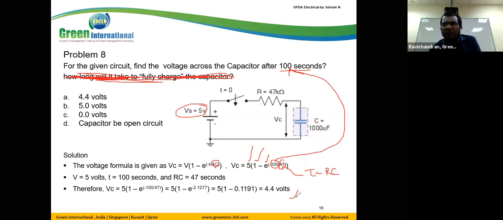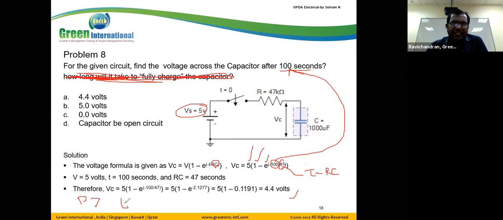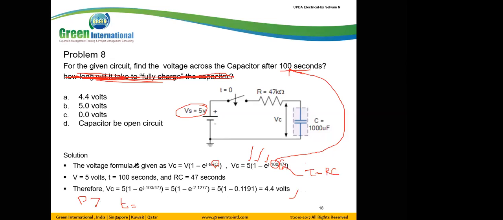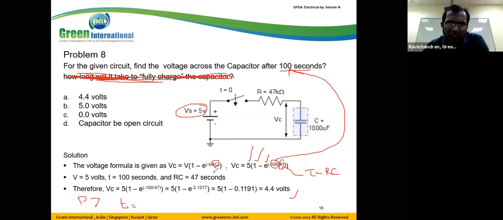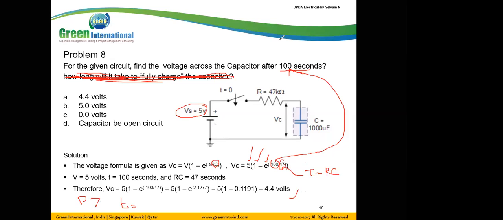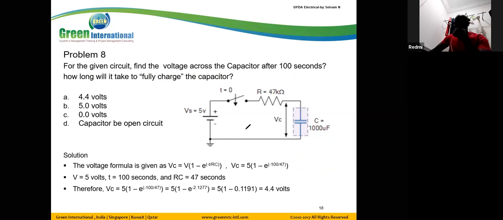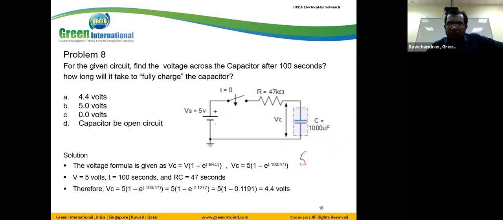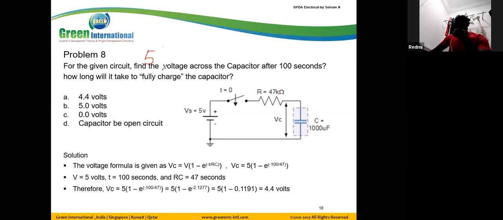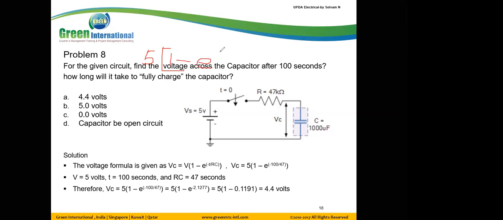So let us compare problems 7 and 8. RC is 47, right? Yes, RC is 47. Basically RC means 47K into 1000 microfarads.